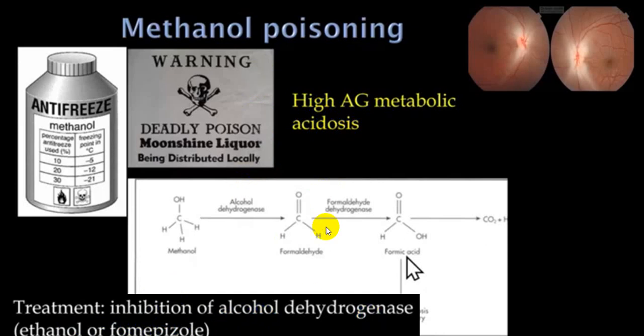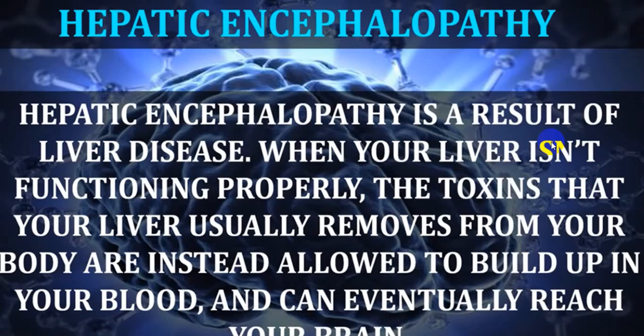So the methanol breakdown will be prevented, and conversion into formic acid and formaldehyde will be prevented. So this will require alcohol or ethanol as a treatment for methanol poisoning. And you can have typical damage to the retina, which is called a bull's eye.